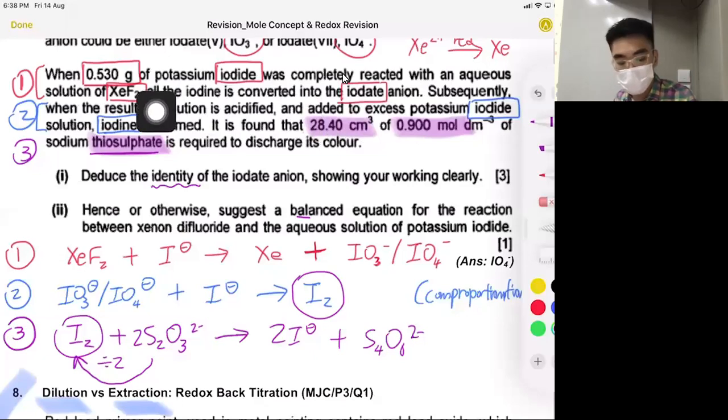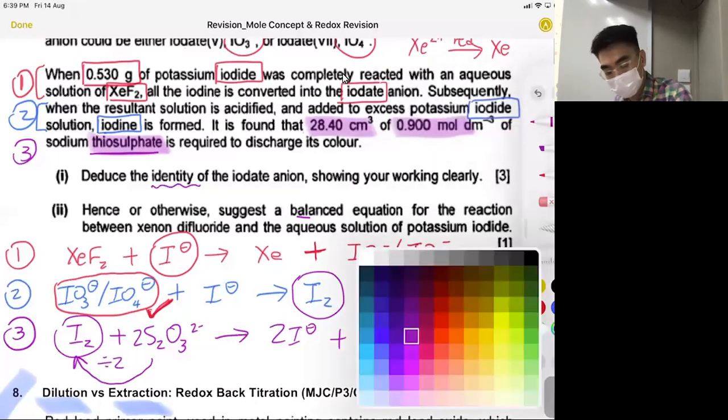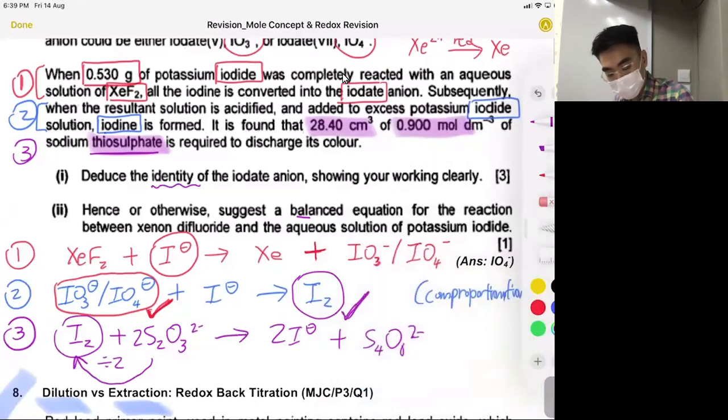So are you able to find the moles of iodate? Technically, you can. I'm going to circle this and circle this. You know the moles. I'll put a tick here. You can find the moles of KI and use that to find the moles of this one. Do you know the moles of I2? You definitely know that.